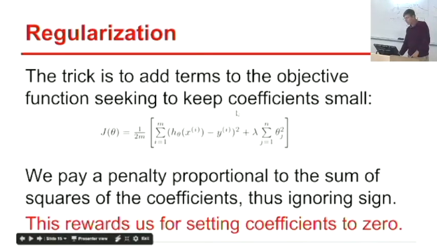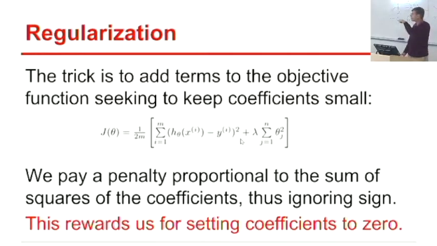By adding a penalty for having a lot of parameters or for having large coefficients, the optimization will have some way to try to fit the models we want. Any questions about that?